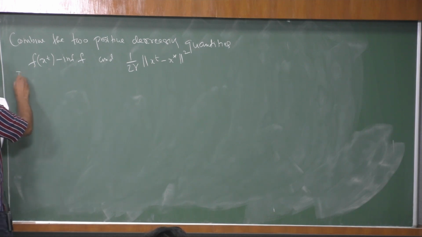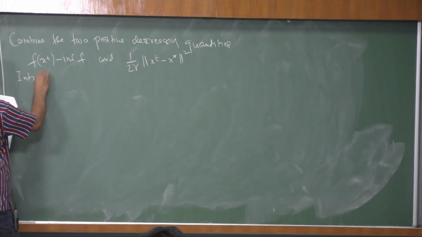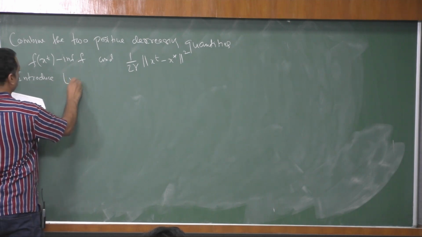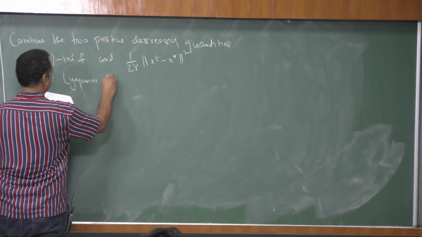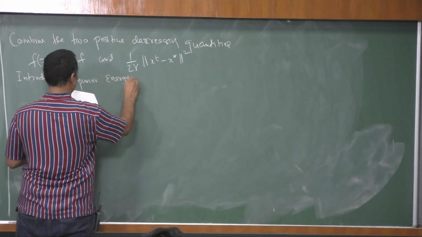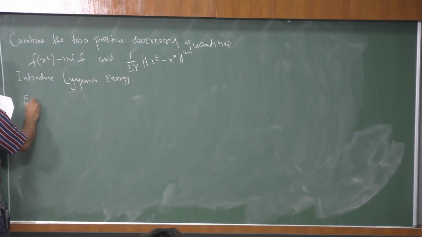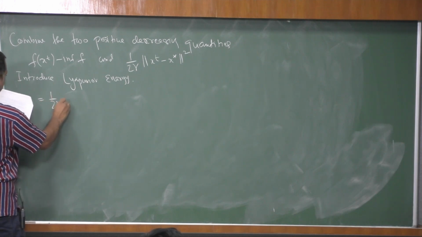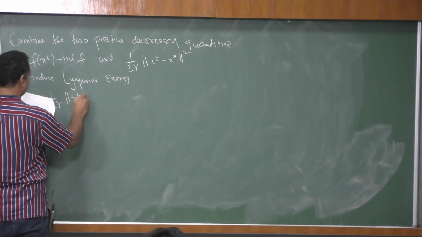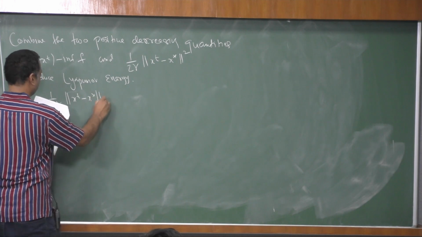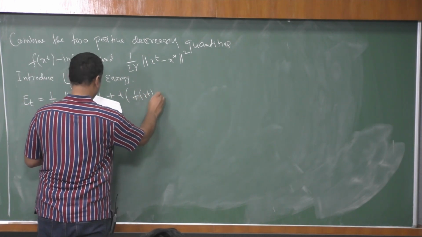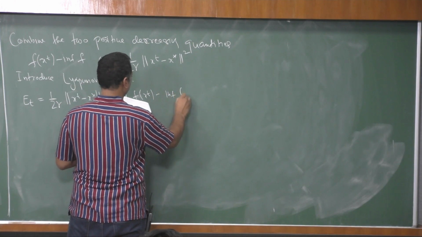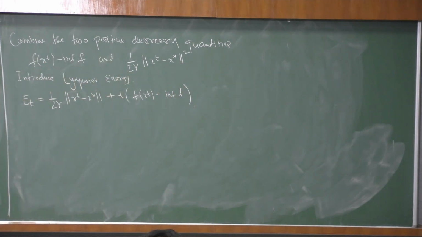So introduce this, ET, which is 1 by 2 gamma times the norm of xt minus x star squared, plus t times f(xt) minus infimum of f. So we have just added that. These are two decreasing terms, and we have added them.